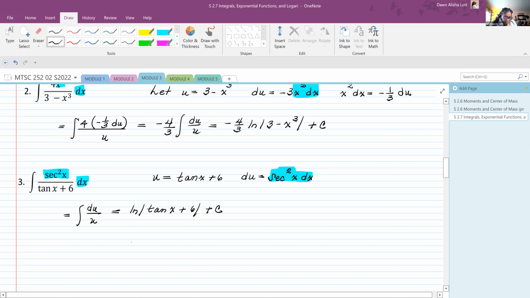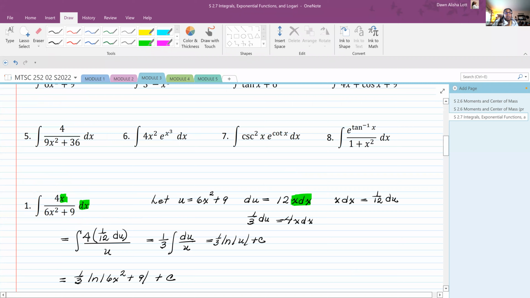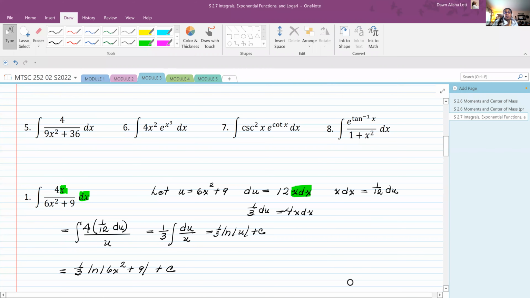Okay, any questions about that? I know it seems strange to have the tangent of x plus 6 plus the constant, but that's what it is. Okay, I think we do have enough time. Let's do number 4.